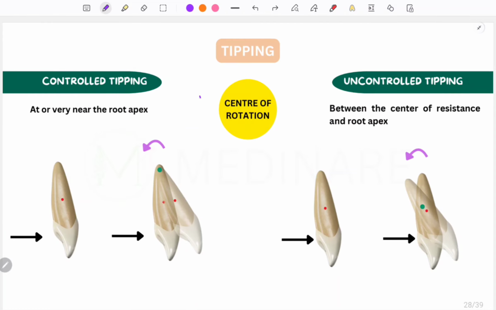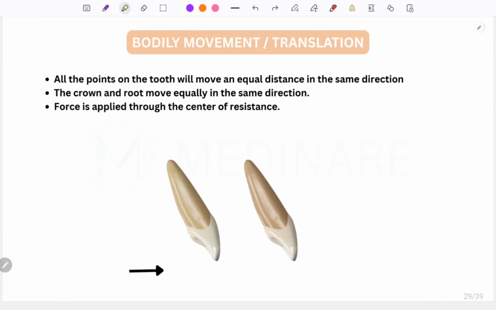I told you before that for a body to rotate, it needs a reference point, which is the center of rotation. That center of rotation will be at or very near to the root apex if there is controlled tipping. But in case of uncontrolled tipping, the center of rotation is present between the center of resistance and the root apex.